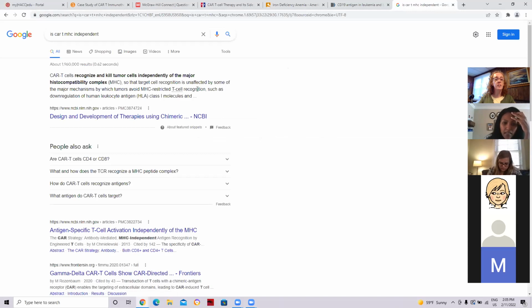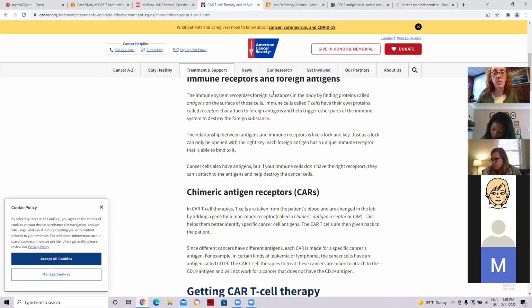Okay, now we're getting into harder stuff because it says that it does it independently. We're not going to worry about it. We're not doing question number 11 because I don't want you to write down the wrong answer. We're not masters of CAR T therapy. We're just using it to study immunology.